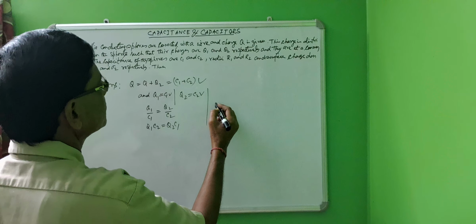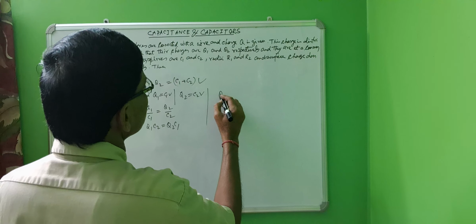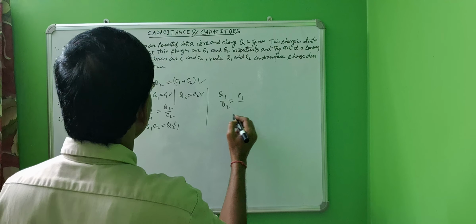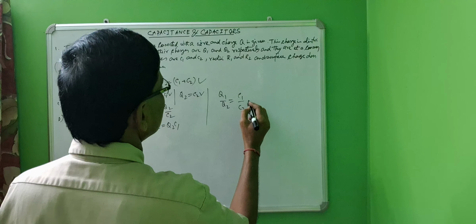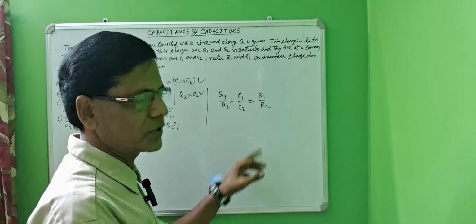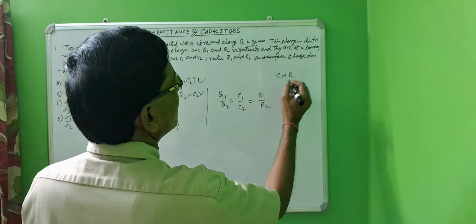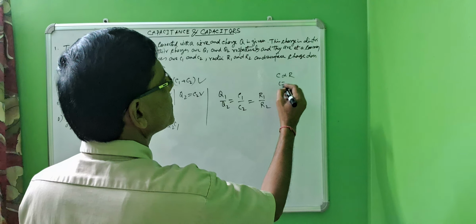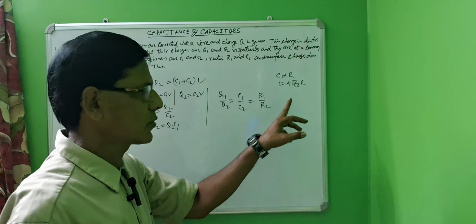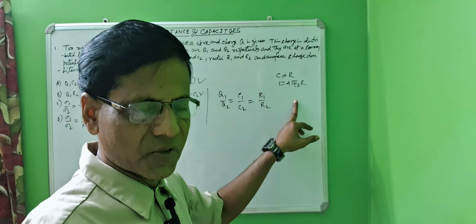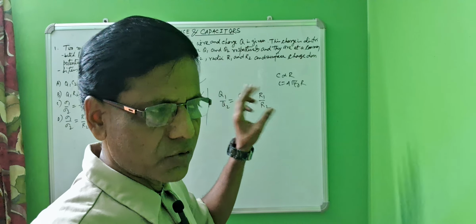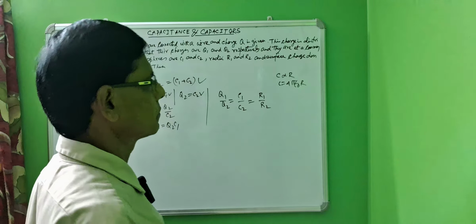Again we have Q1 upon Q2 equals C1 upon C2 equals R1 upon R2, because C versus R. Strictly speaking, C equals 4 pi epsilon 0 R, where epsilon 0 is the permittivity of free space, which is situated inside the spherical body.